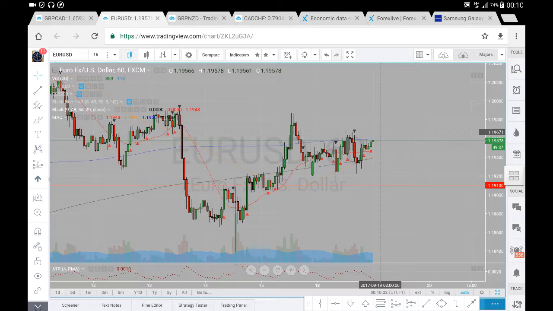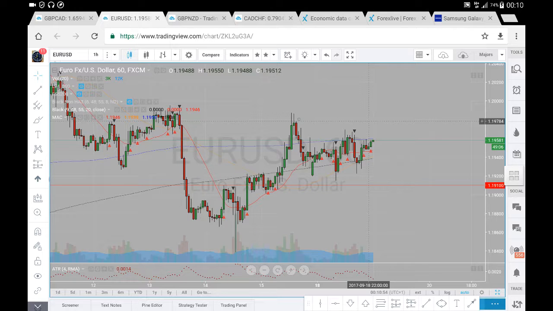Now, as you can see, we've got a moving average here, so there is a contraction as the price has gone up. So I expect either a break to the upside, which I think is more likely, or we could break out of this structure here, go all the way down to that 1910 for a test again, but we're not trading it. Well, personally, I wouldn't be looking at trading it to the short side.